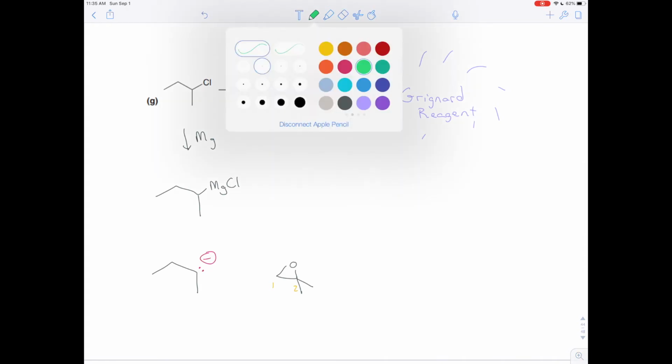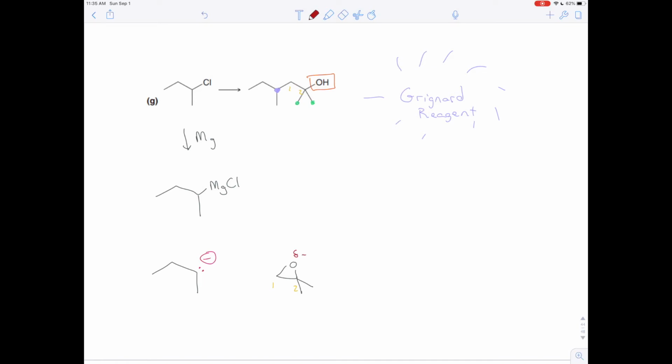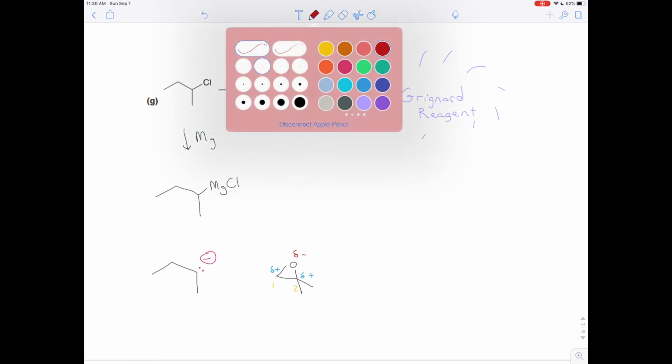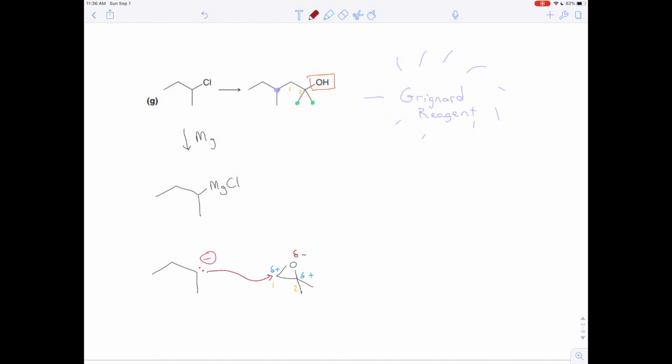If we react that with our Grignard reagent, the oxygen's slightly negative, the 2 carbons are slightly positive. This nucleophile is going to attack the less crowded area, which is the carbon on the left. The bond breaks, the electrons go onto that oxygen there, and you're left with, so notice, these are our 2 carbons there.